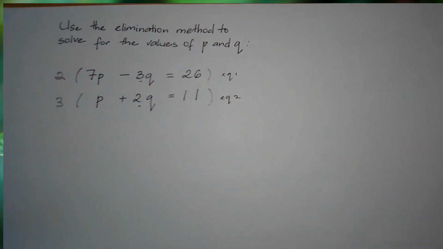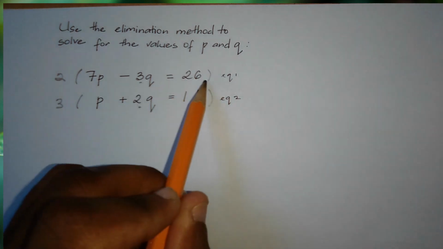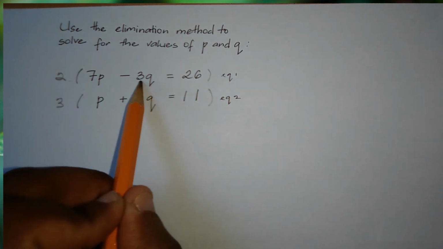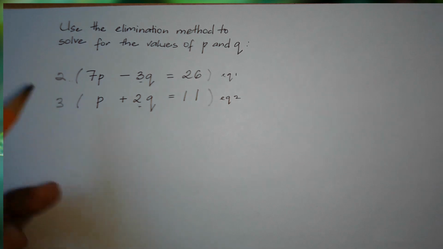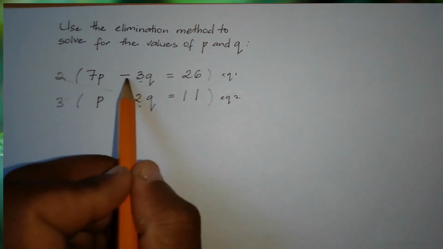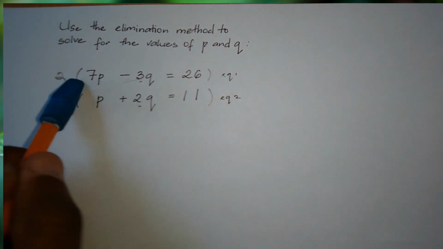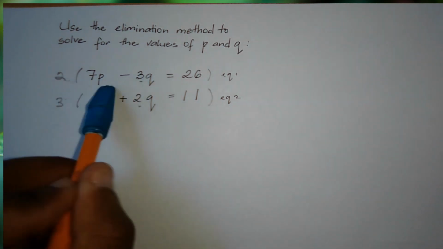Do you see what I did there? I use this number to multiply all of this equation and this number to multiply all of this equation. Notice 2 and 2 there and 3 and 3 here. So I'm going to multiply it out and show you what this does.